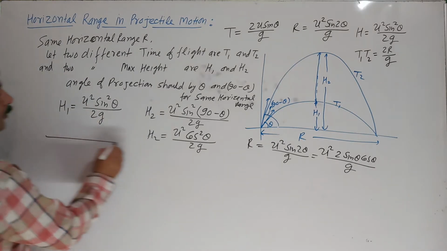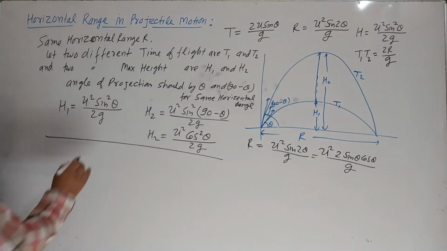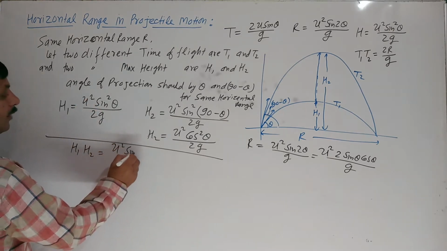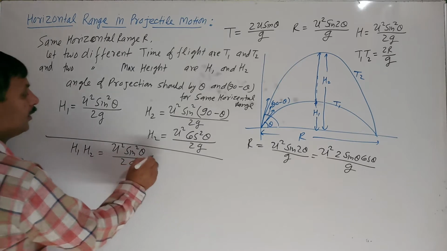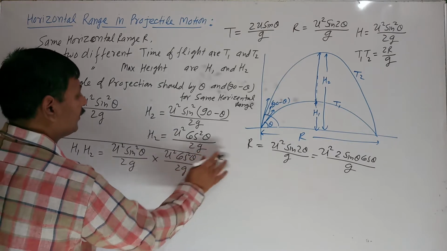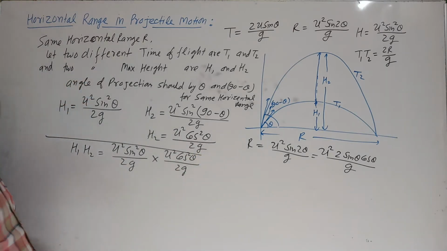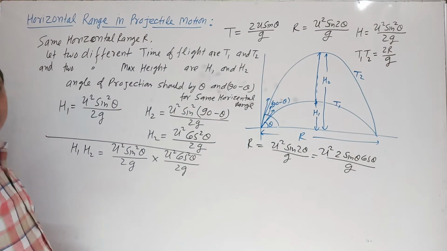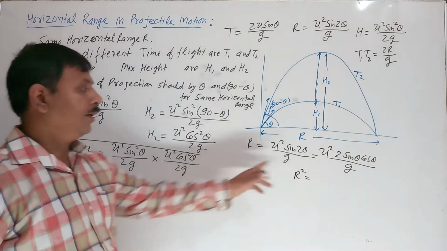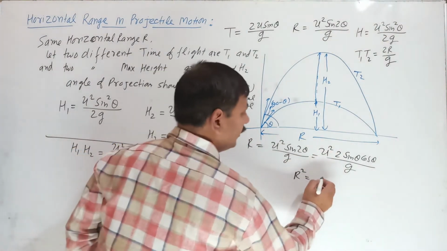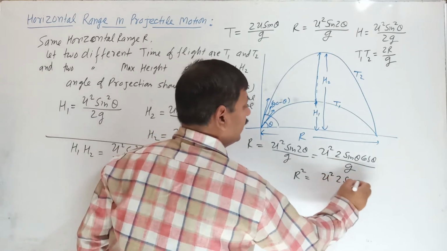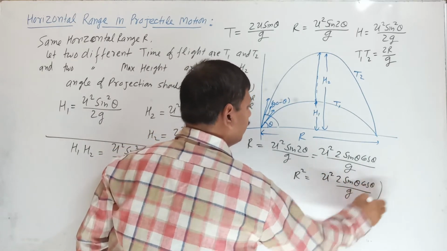Same thing we have to do. Multiply this: H1 H2 is equal to what? u square sin square theta upon 2g multiplied by u square cos square theta upon 2g. Slightly rearrange in this form. See here, if I am squaring that, what happened? u square into 2 sin theta cos theta upon g square.